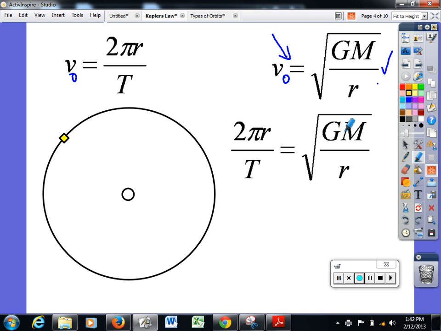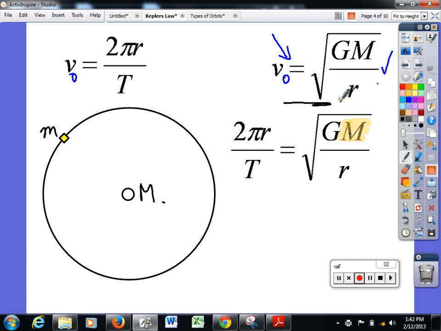This M over here is what? The mass of the central object of orbit, it's the capital M. The little m, which is the mass of the orbiting body, has already been cancelled. By getting this formula created, we've already cancelled the little m on both sides. Are we remembering that?